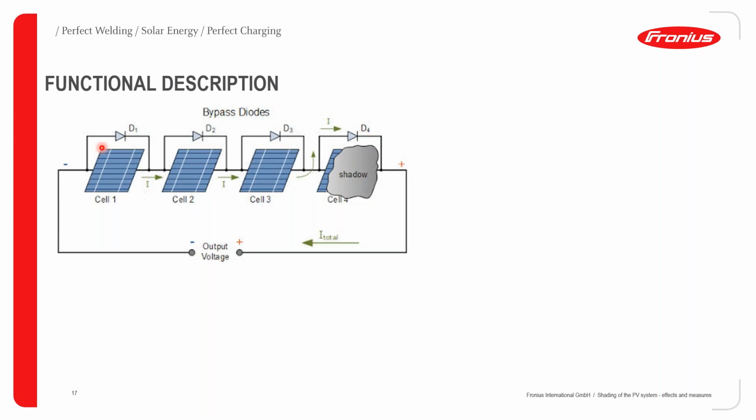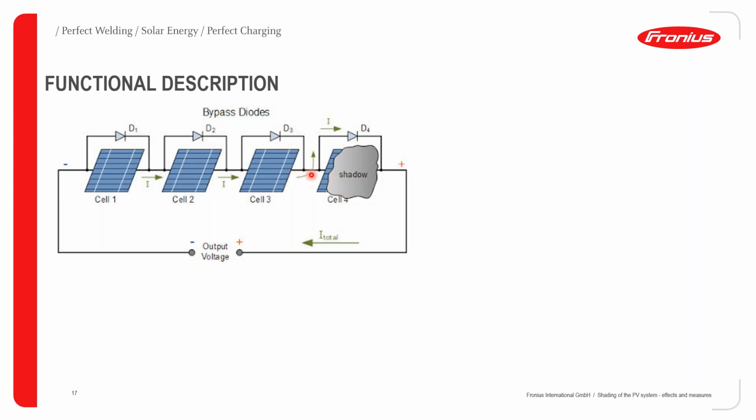So we can see here, these components here are the bypass diodes. Just like the name implies, they tend to bypass any shading occurrence. So let's assume that the current is flowing from cell to cell, as you can see, represented by the I, and then it encounters an impedance here cast because of a shadow or a shade, a shading incident.